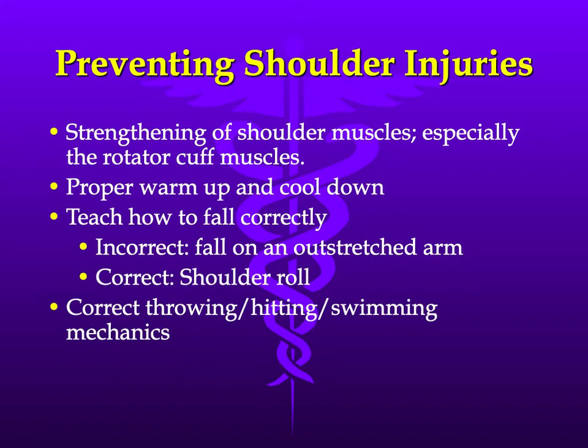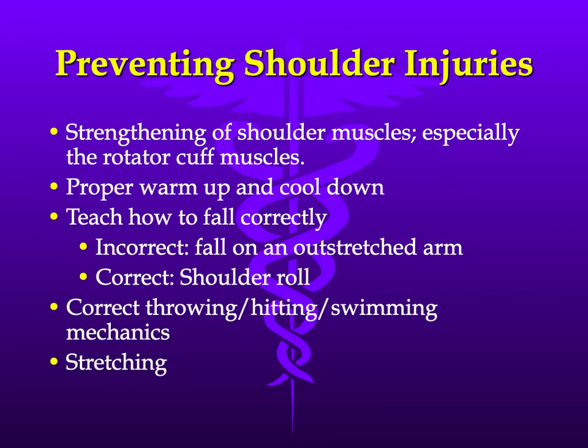If somebody's doing the mechanics incorrectly, that's going to eventually show up with an injury, especially with sports that do repeated motions, pitching, hitting, swimming, those type of things. It eventually will catch up to somebody. Appropriate stretching, the rotator cuff stretches, all the upper body stretching.